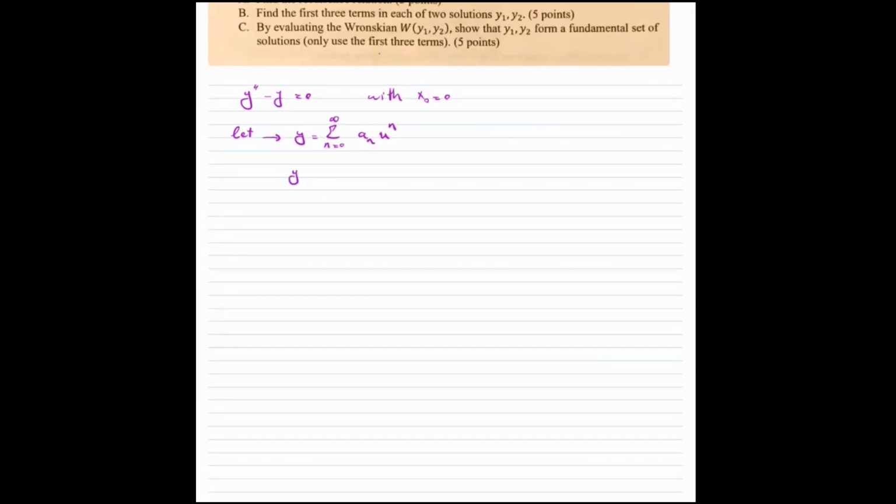We get y prime, starting at n equals 1 to infinity, a_n n x^(n-1). We get y double prime equal to the sum from n equals 2 to infinity of a_n n (n-1) x^(n-2).